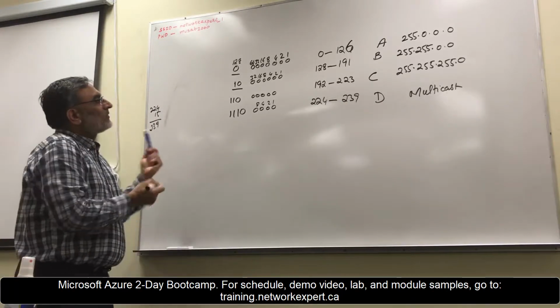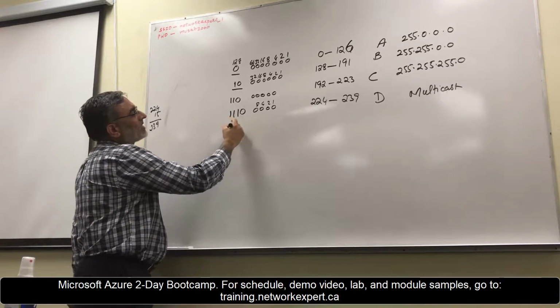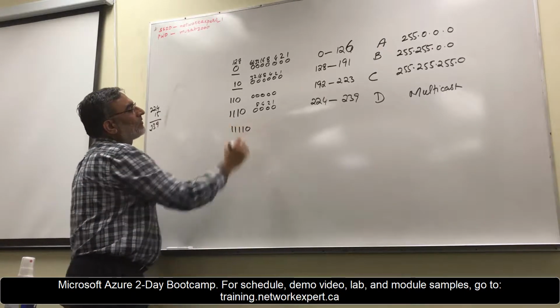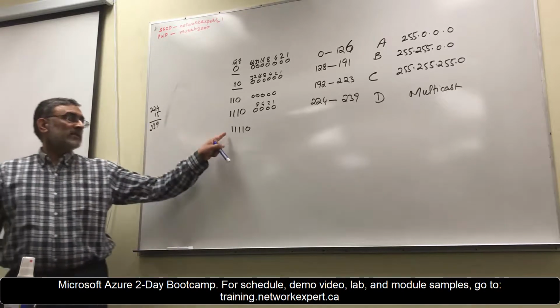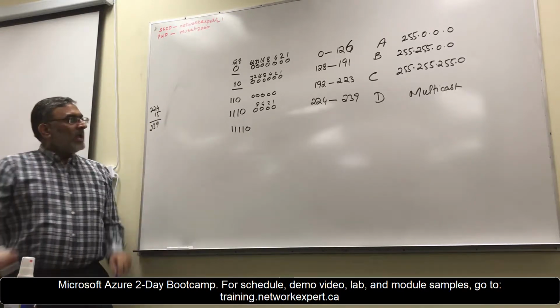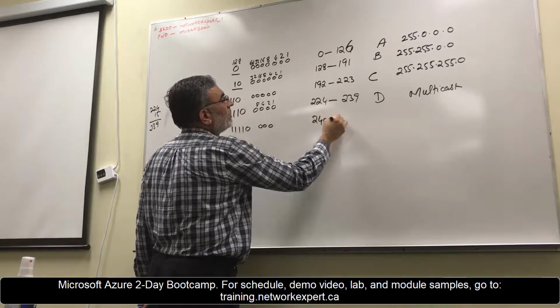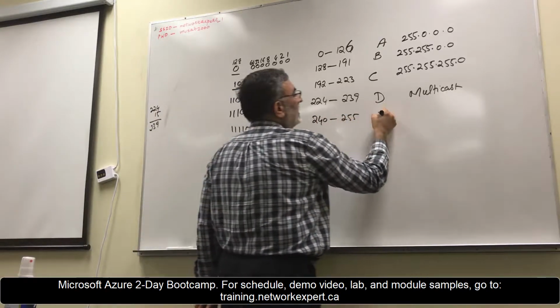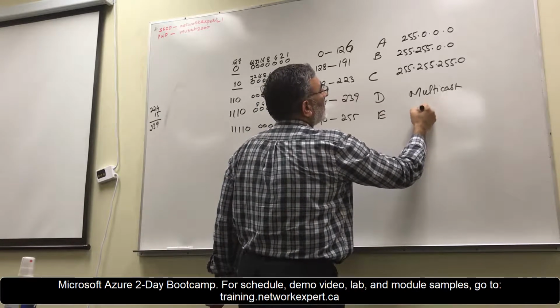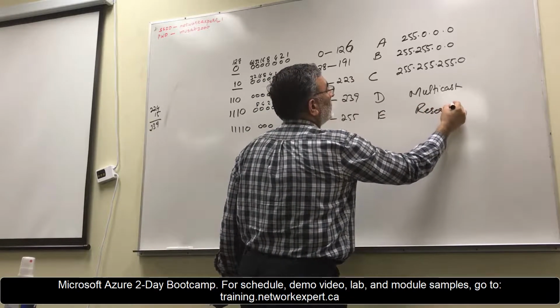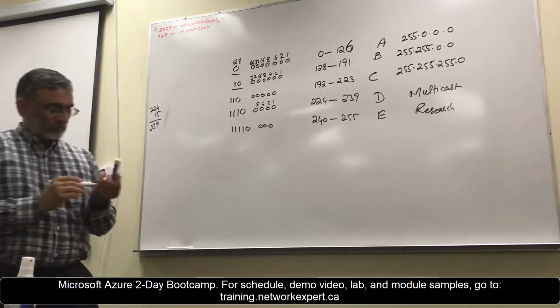We will go further. So for E class, the first 5 bits are reserved as 4 ones and a 0, and the 3 bits are variable, so this will give you from 240 to 255. This is E class, and it is reserved for research purposes. Okay.